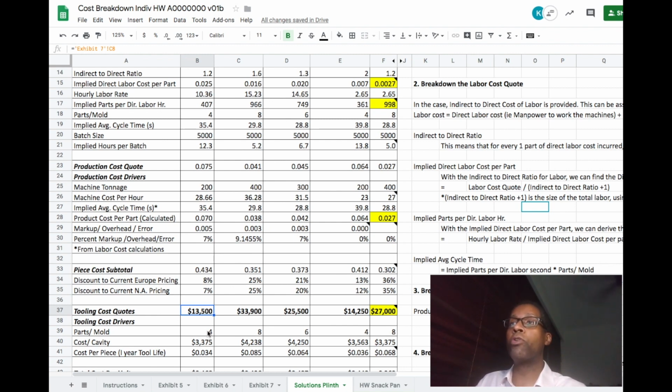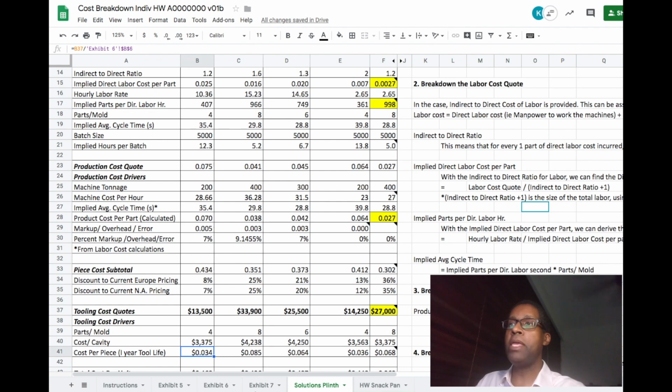We have our parts per mold, which was 4, and our cost per cavity. To calculate that, we take the parts per mold divided into the total cost here, 13,000 divided by 4, and we get our 3,375. And then we get here our cost over the course of the year. So where did we get the year from in terms of pieces? The annual, let's take a look here.